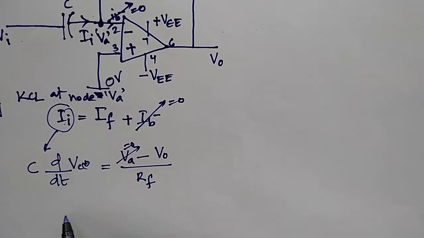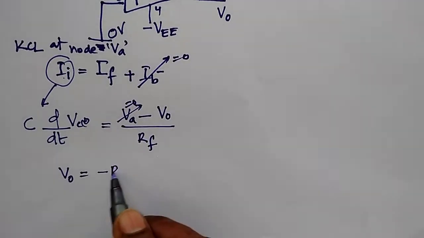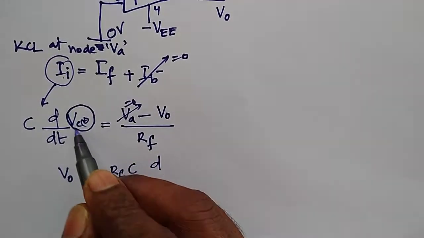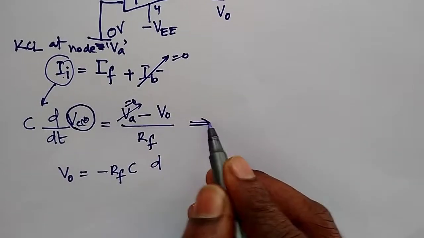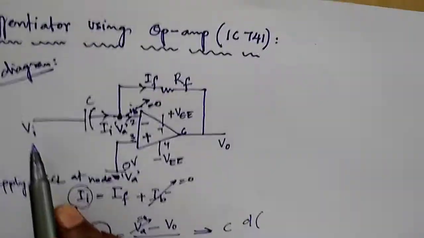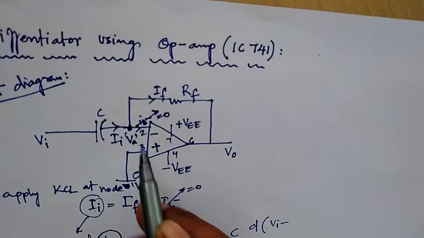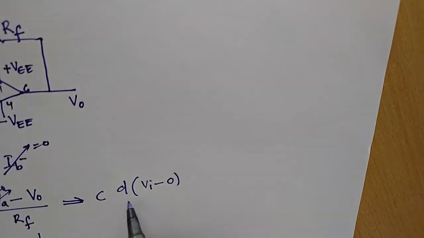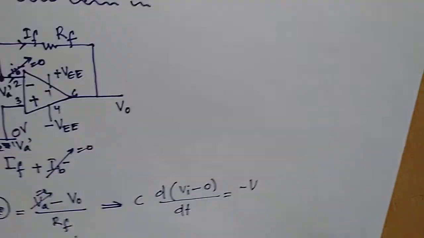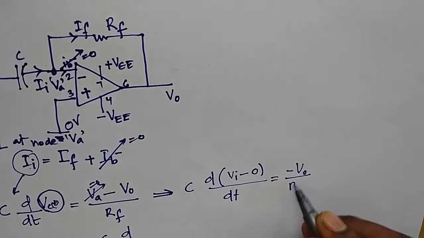Based on this, you can represent it as C into d by dt of (VI minus VA, where VA is 0) is equal to minus V0 by RF.